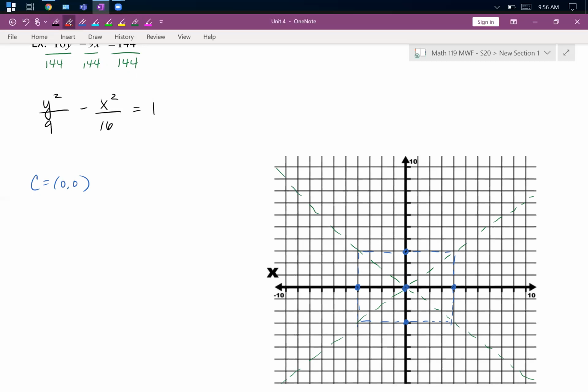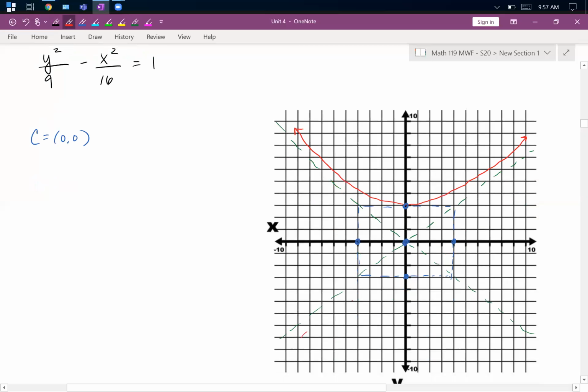We established that this was going to be a vertical hyperbola, so I'm going to be opening up and down, making sure that I hit my vertex for each branch. And there we go, hyperbola in red. Questions on graphing?